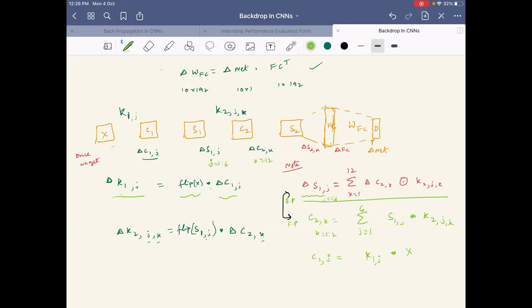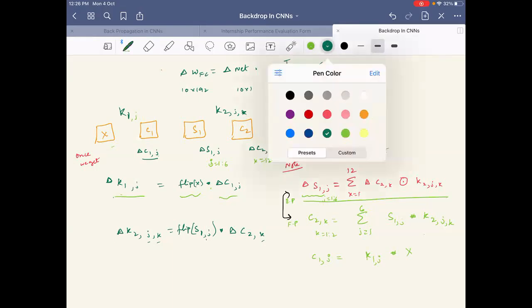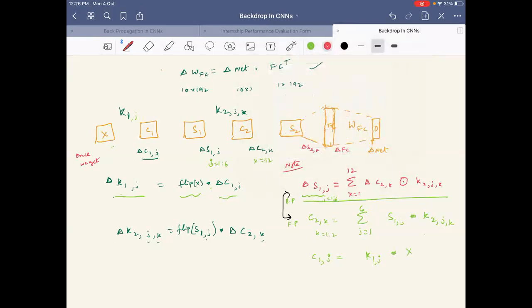Now in the backward pass, what happens? The delta X, if you want to write, is equal to, because X is involved in all 6 maps, delta C1 comma J, which is already with you.